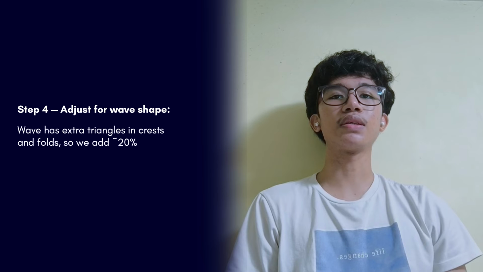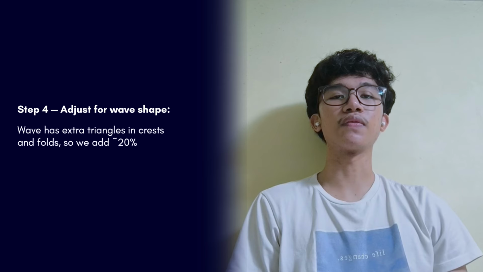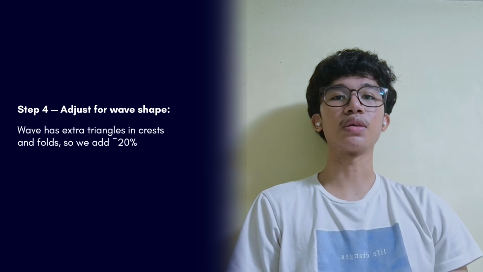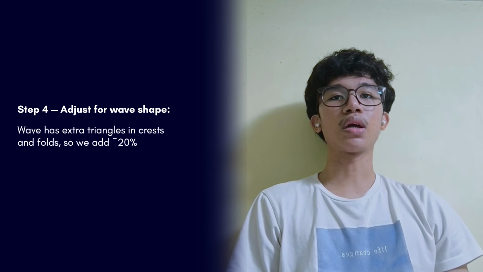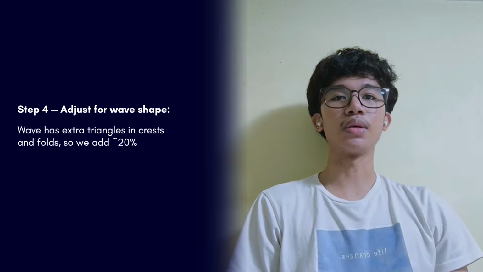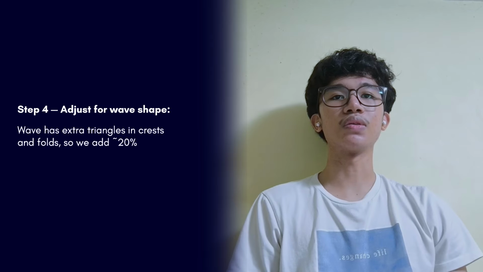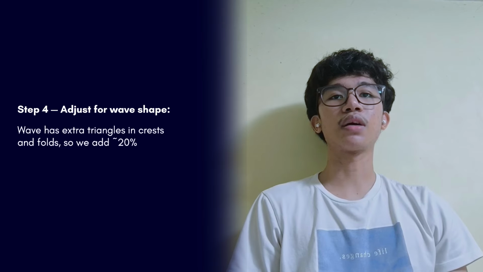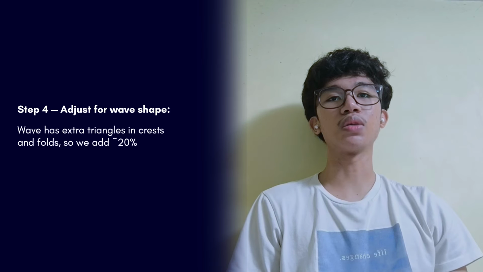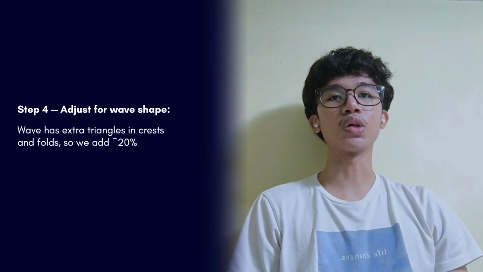The fourth step is adjusting for the shape of the wave. The wave has extra triangles in crests and folds, so we'll add 20% more. When we counted triangles, we first got 160 from the base grid, but the wave has curves and crests, so we need a few extra triangles to fill those areas. Instead of counting each one, we added around 20% more, which brings the total to 192 triangles.